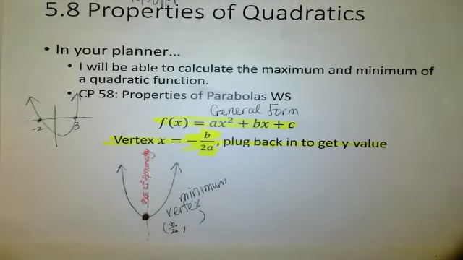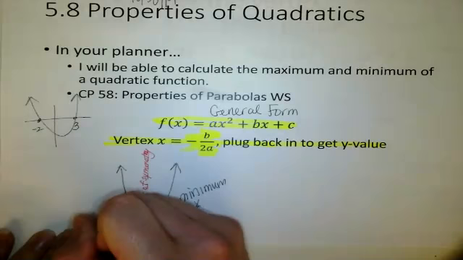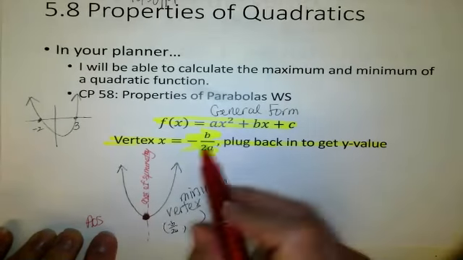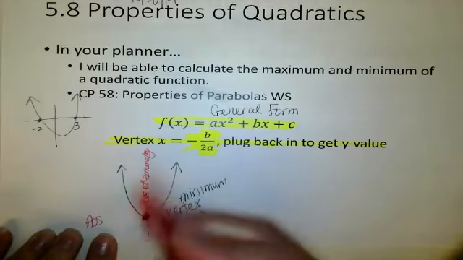So the right side and the left side of that axis of symmetry are mirror reflections of one another, okay? The axis of symmetry has an equation that matches this.